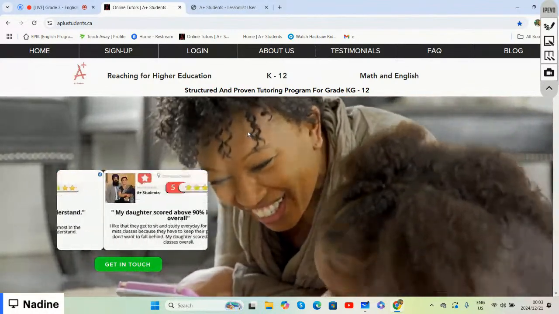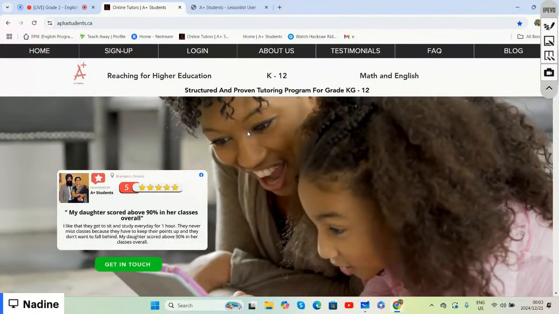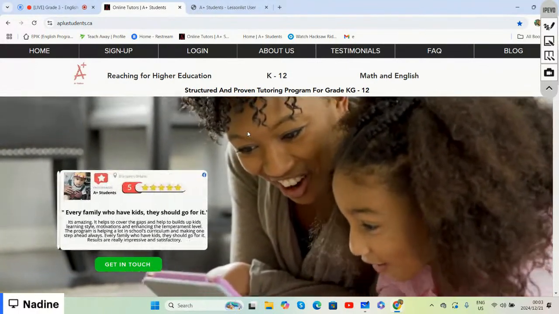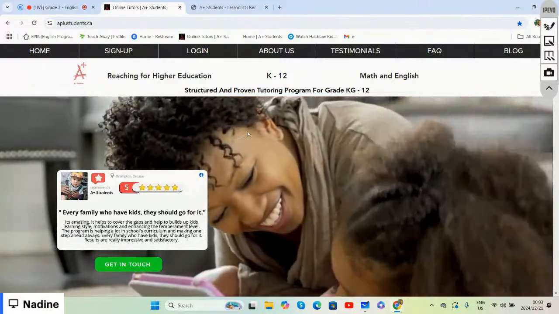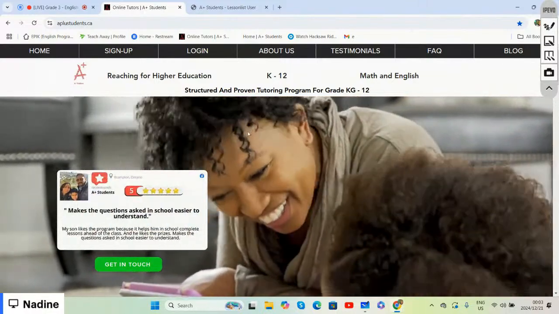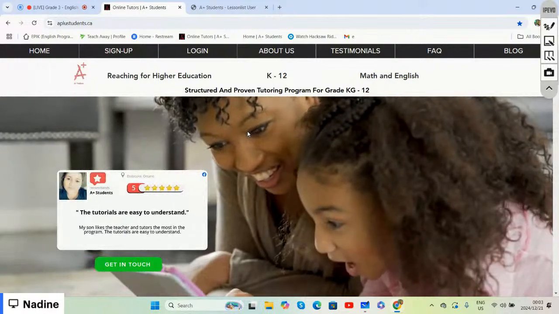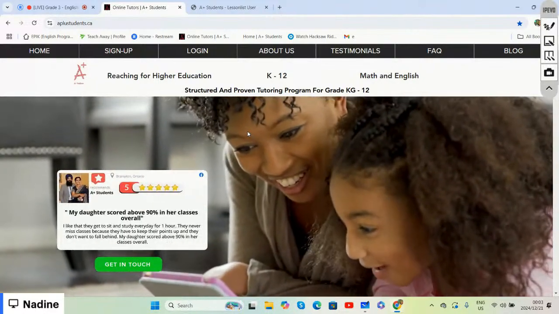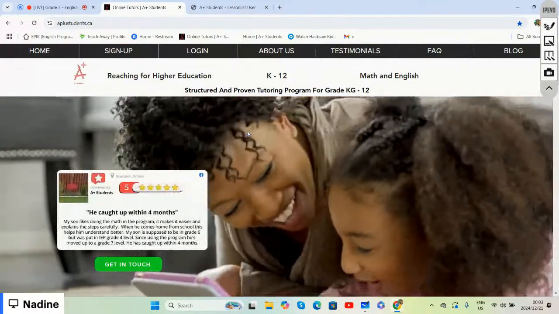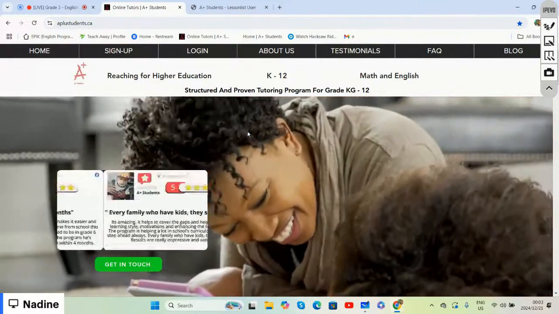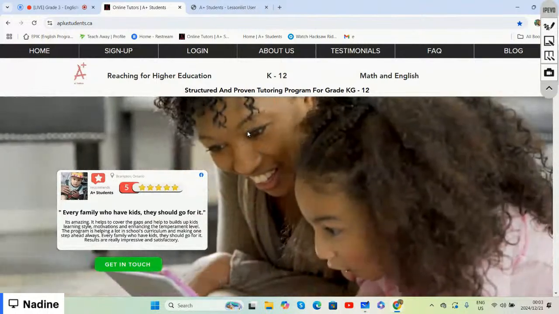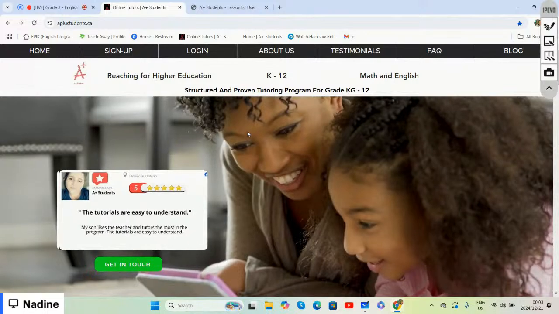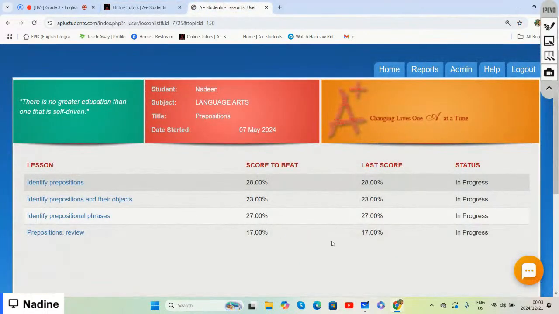Once you've logged on with our username as well as our password, we're going to select the subject of English Language Arts. We're doing grade 3, and then we're going to scroll down until we get to our chapter of prepositions.